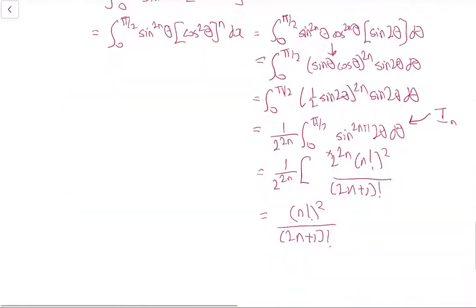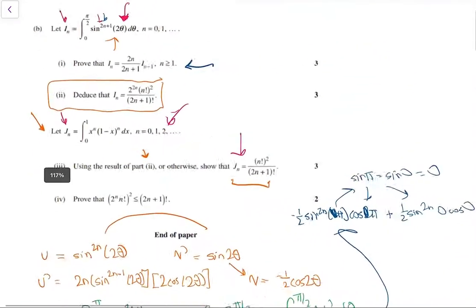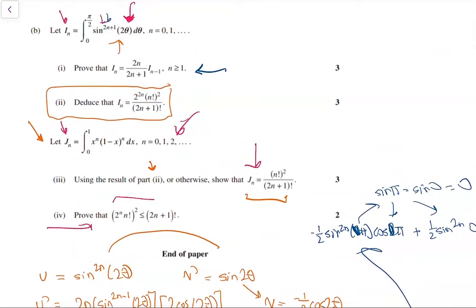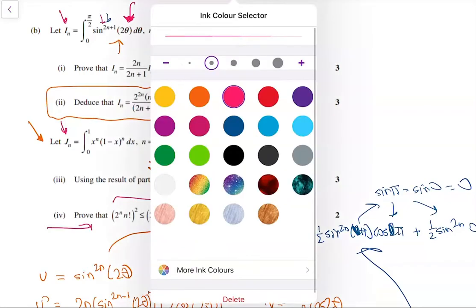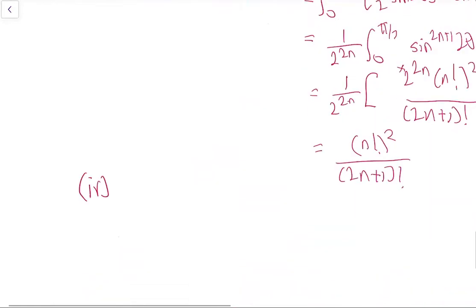Okay, the final part is using the previous results, prove this inequality: 2 to the n times n factorial, all squared, is less than or equal to 2n plus 1 all factorial. So the 2 to the n factorial stuff does involve the values of the previous integrals, so we could try to find an inequality involving the previous integrals.